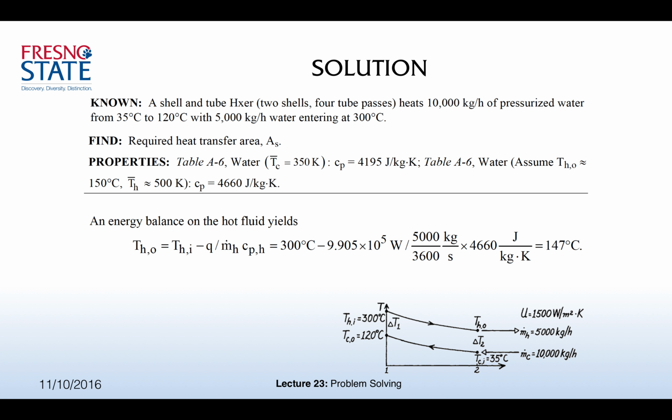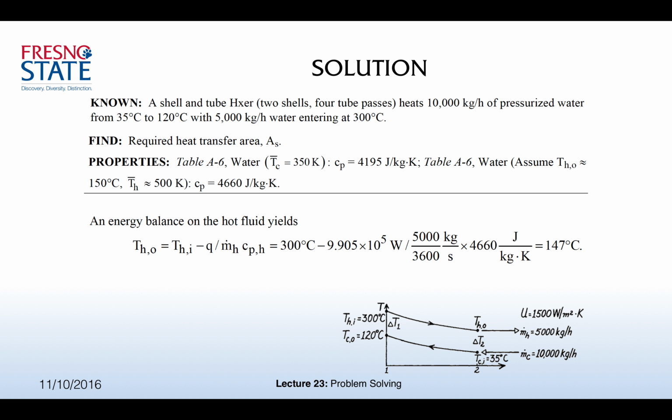So TH out is equal to TH in, 300 Celsius, minus Q, 9.905 times 10 to the 5th watts, divided by the mass flow rate for the hot fluid, which is 5,000 kilograms per hour, converted to kilograms per second by dividing by 3,600 seconds per hour.